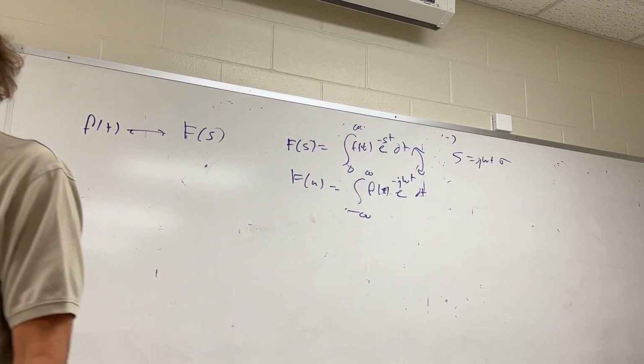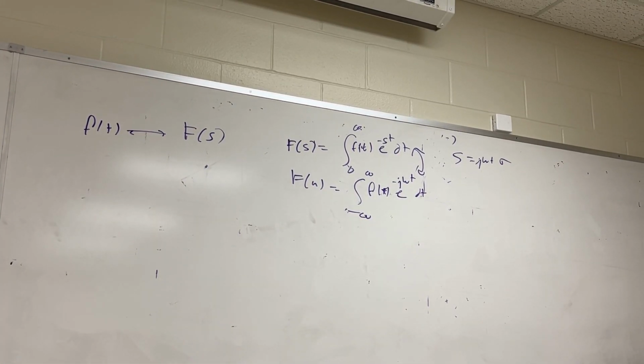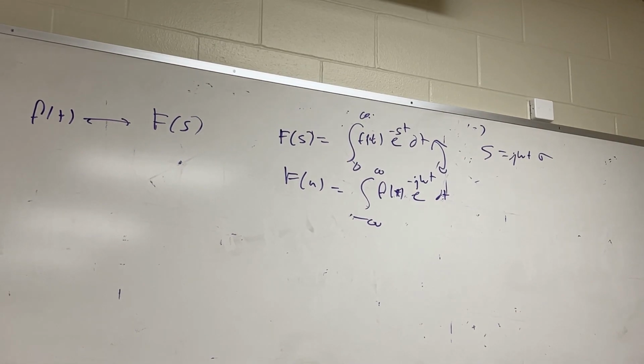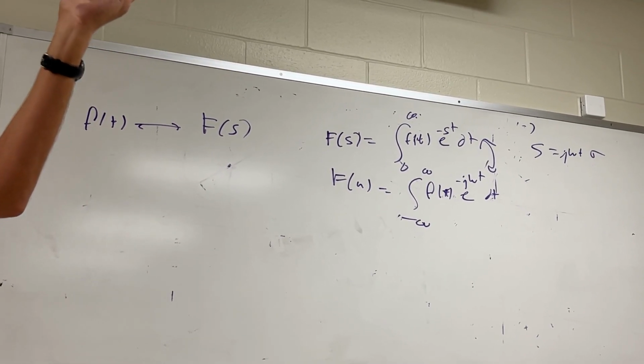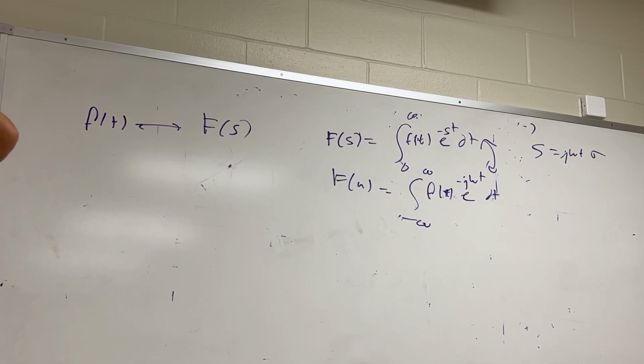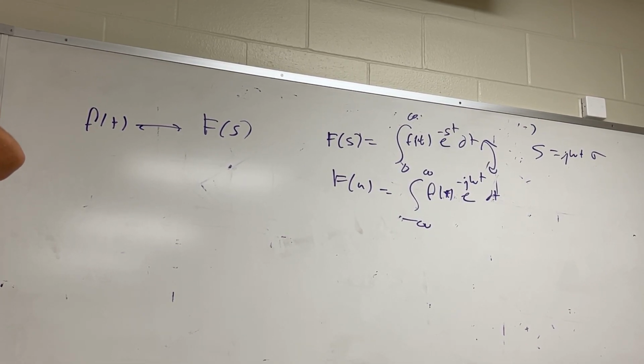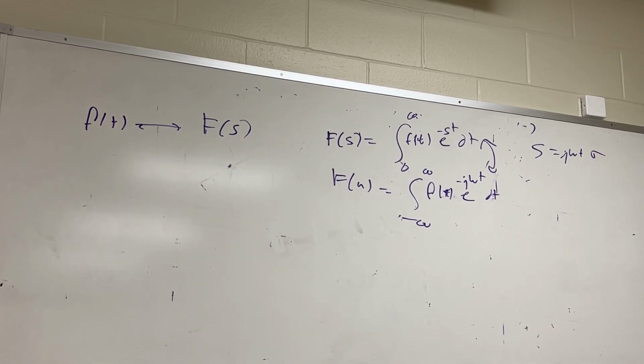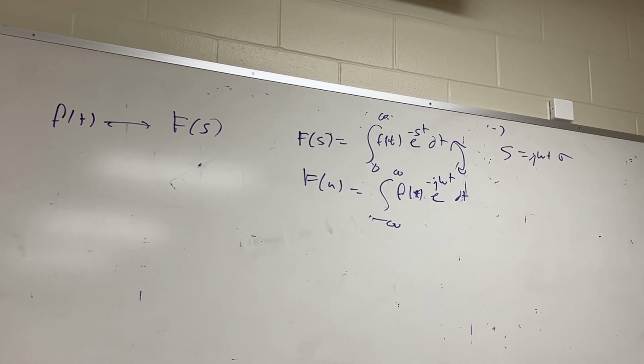It's a single-sided Laplace. S was j omega plus sigma, and sigma had to do with the region of convergence. Don't worry if you don't see everything about this, but region of convergence is something you're going to see over and over again when you get into controls in your higher level classes.